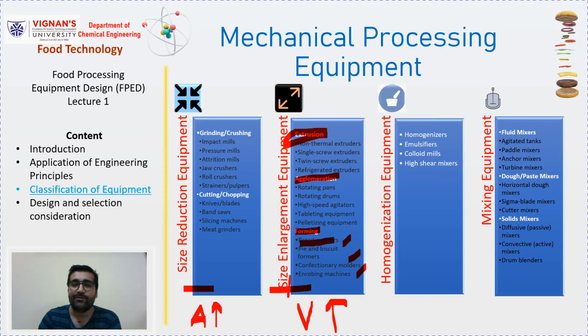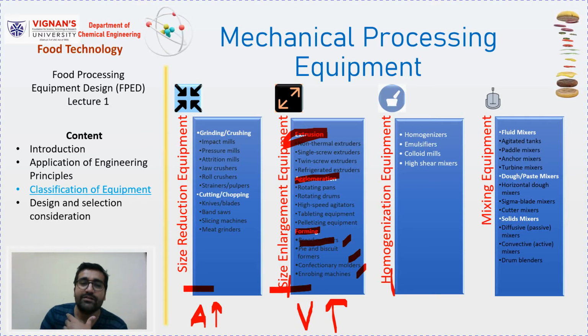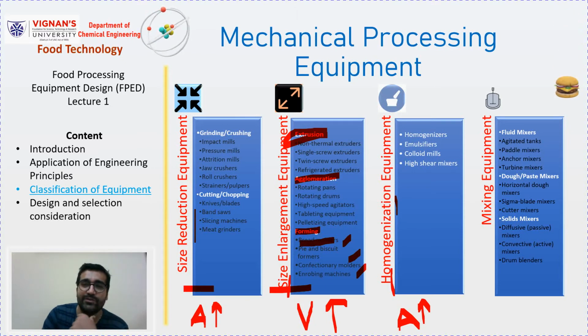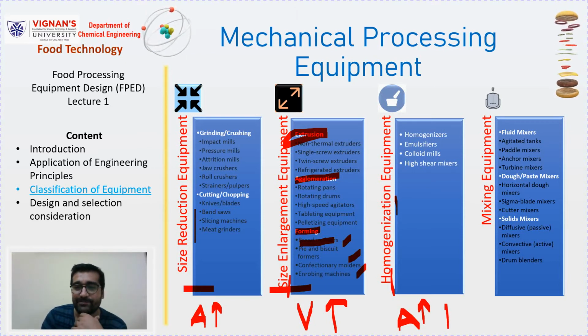Now when we talk about size reduction in liquid, we go for a homogenizer. In liquid, when we reduce the size, we increase the area again. But we can't use these size reduction equipment for liquids. So we need to go for a homogenizer, in which we increase the pressure and pass the product through a very small area.